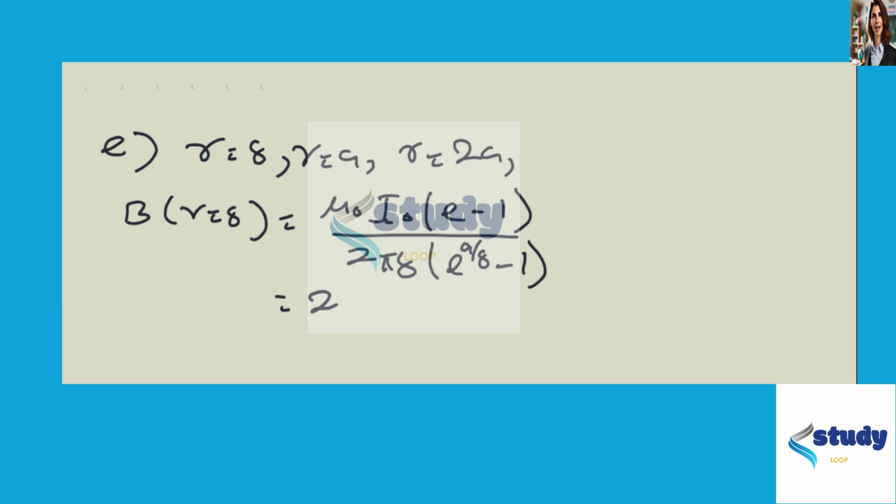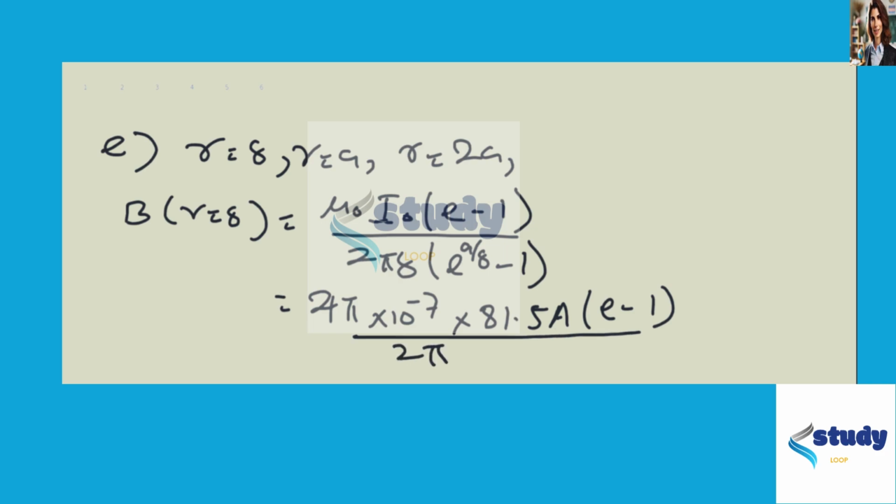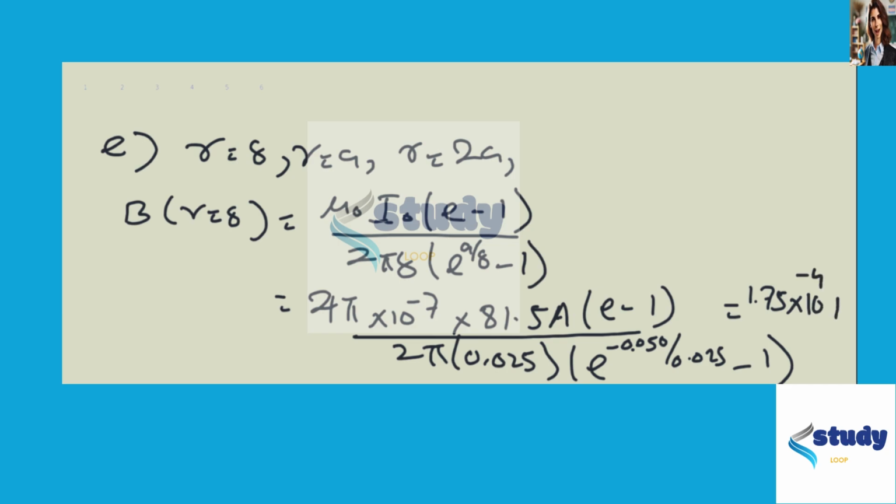This will be 4 pi times 10 to the power minus 7 times 81.5 amperes, which is I naught, times e minus 1 divided by 2 pi times the delta we have, 0.025 meter, times e to the 0.050 over 0.025 minus 1. This gives us B at r equal to delta to be 1.75 times 10 to the power minus 4 Tesla.